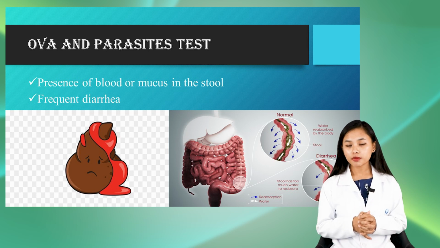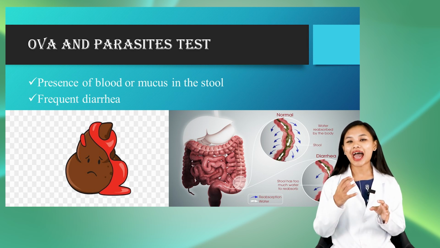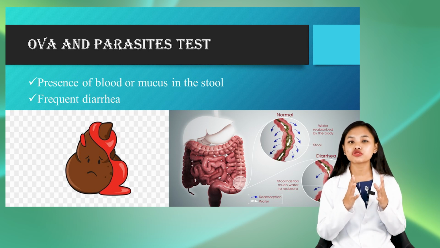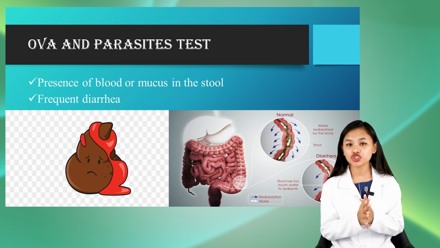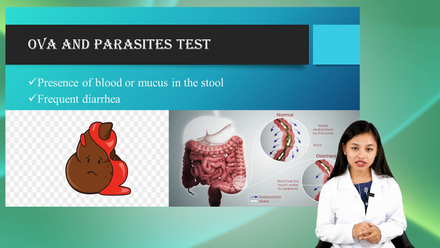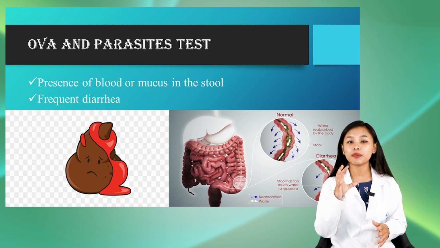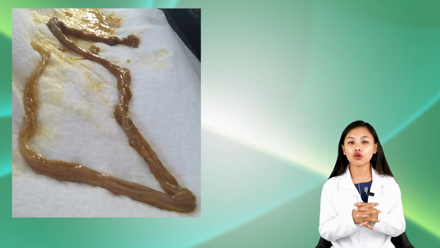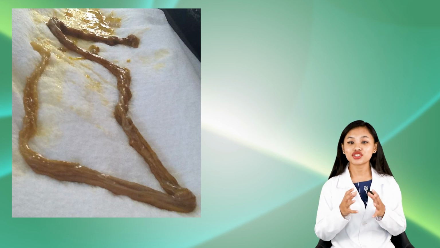The most common is the ova and parasite test, which is a microscopic examination to determine the presence of any parasites such as amoeba or worms in the stool.